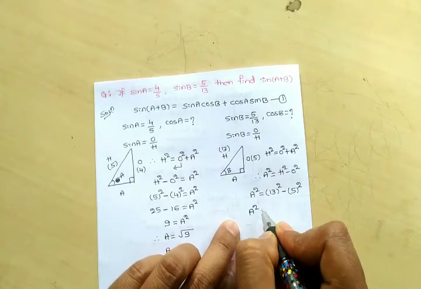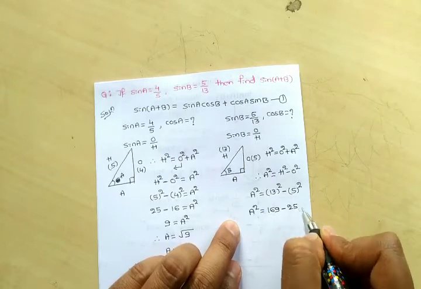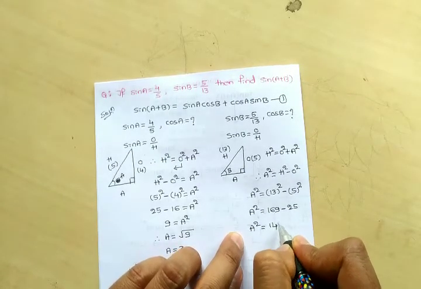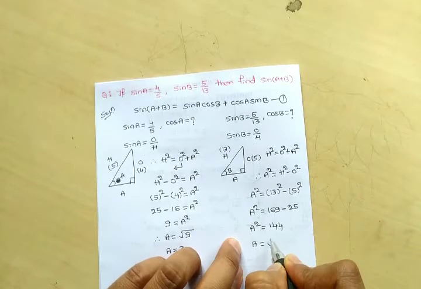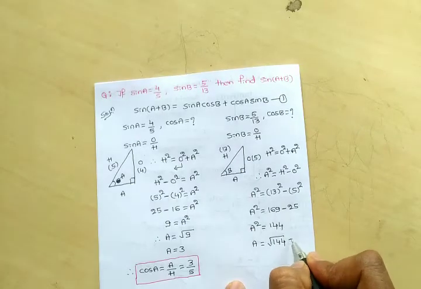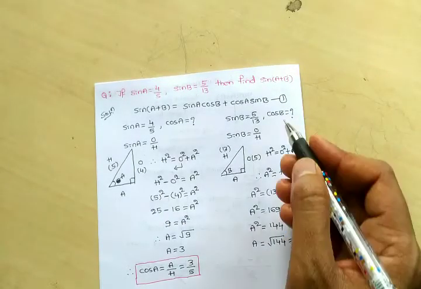So A square is equal to 169 minus 25. Therefore A square is equal to 144. A is equal to the square root of 144, which is nothing but 12.